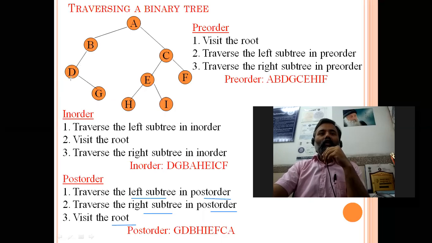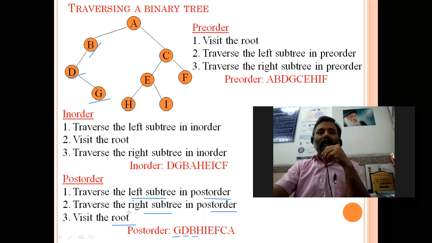This is the root of this left subtree. It has no left subtree, so then the right subtree. So G will be traversed first. After that, left had nothing, then the right subtree, and then root D. Now for this subtree of B, the left subtree has been traversed, there is no right subtree, then B.